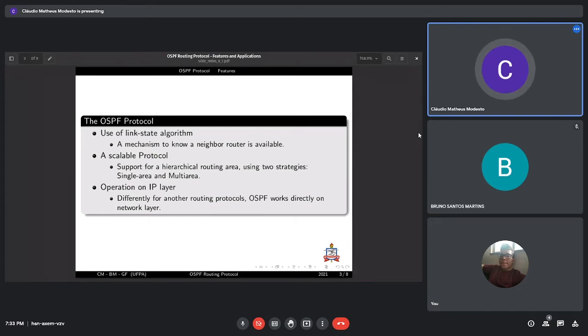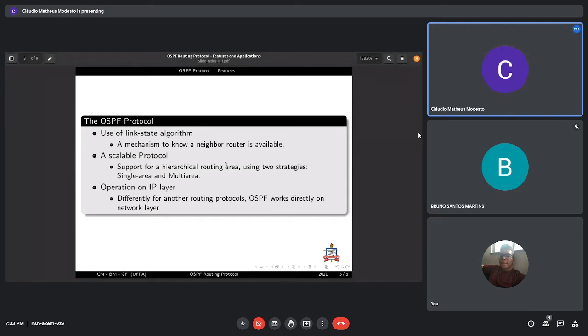The second is the multi-area OSPF, which implements the protocol using a sort of hierarchy, in such a way that all areas must be connected to the backbone. Both approaches have pros and cons. However, the explanation for this is out of scope for this presentation.